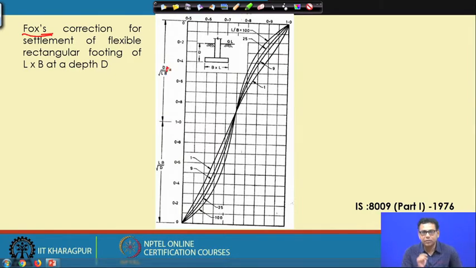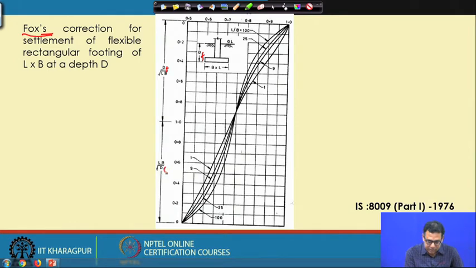L is the length of the footing, B is the width of the footing, and these lines are developed for L by B of 100, 25, 9, and 1. This chart has two parts: one is Df root over L by B, another is L by B root over Df.